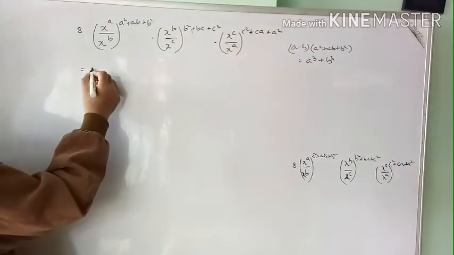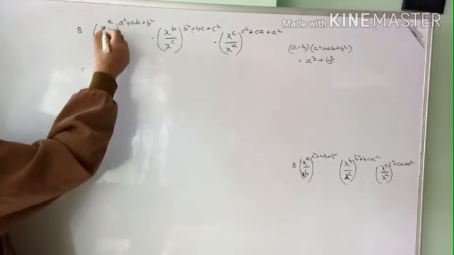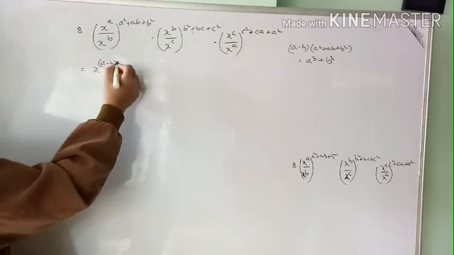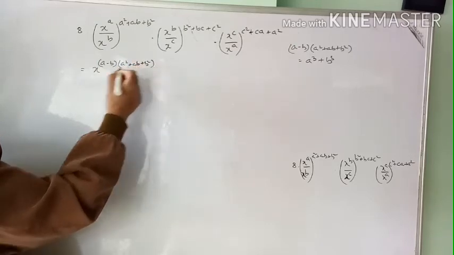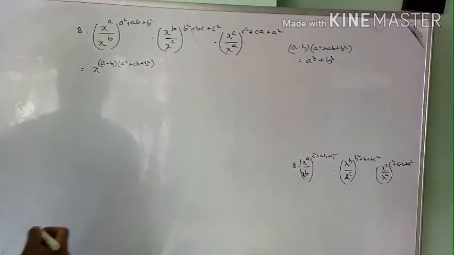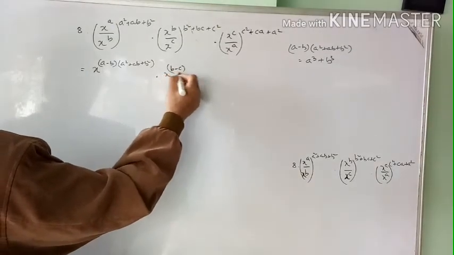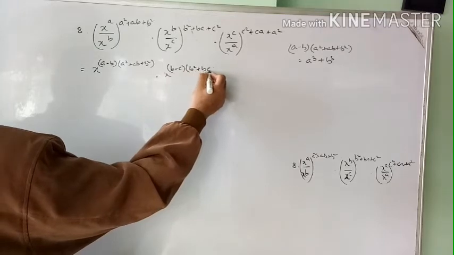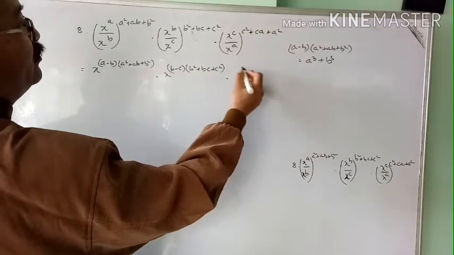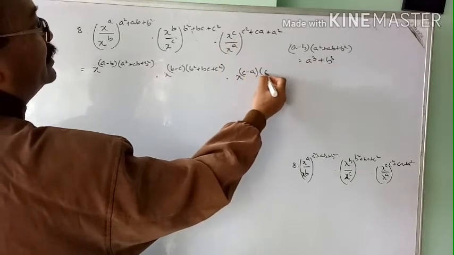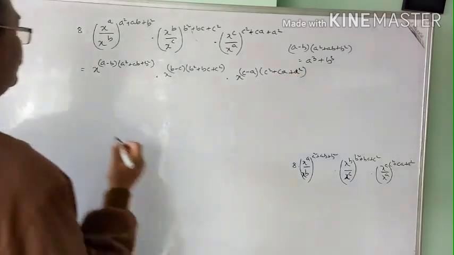When you divide x to the power a by x to the power b, we get a minus b, then into a square plus ab plus b square, because power and power, the exponents are multiplied, into x to the power b minus c. In the same way you get b square plus bc plus c square into x to the power c minus a, and when you divide, you get c square plus ca plus a square.